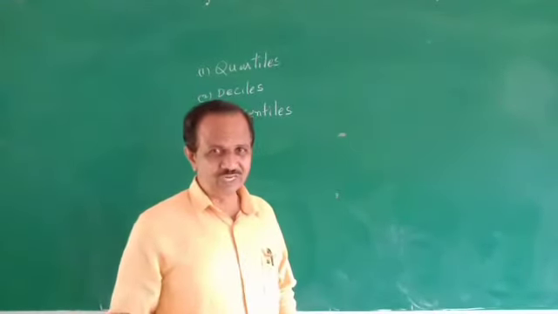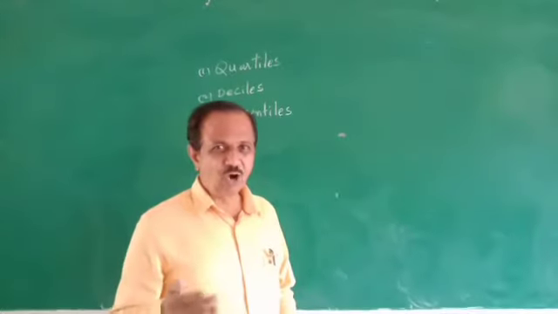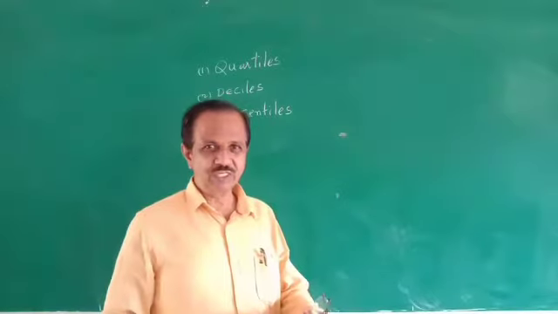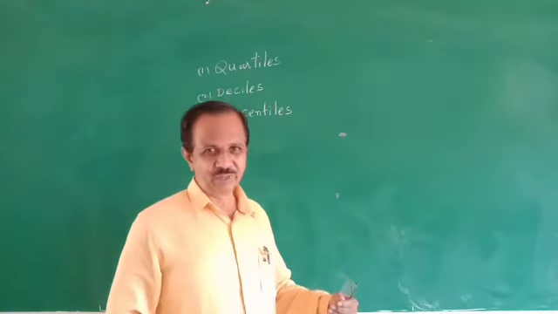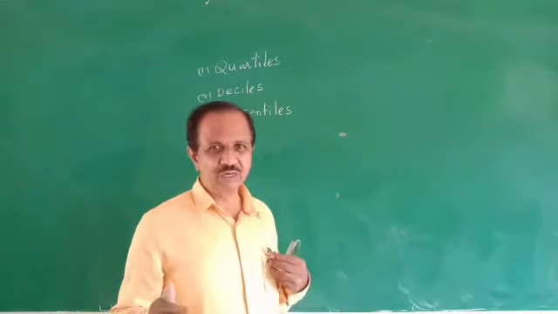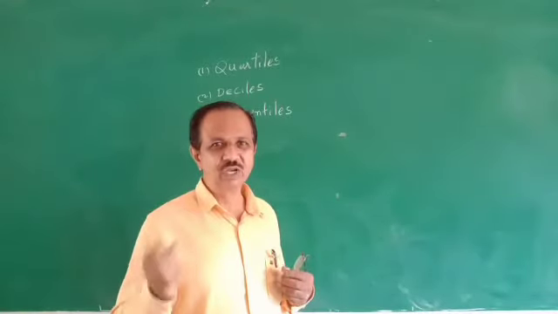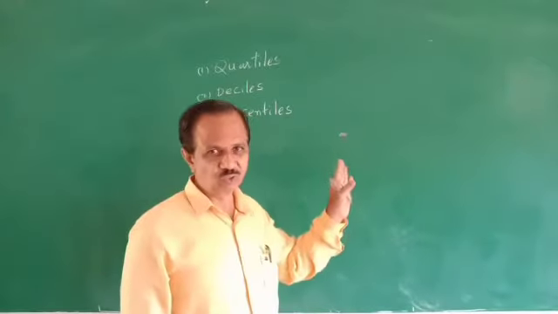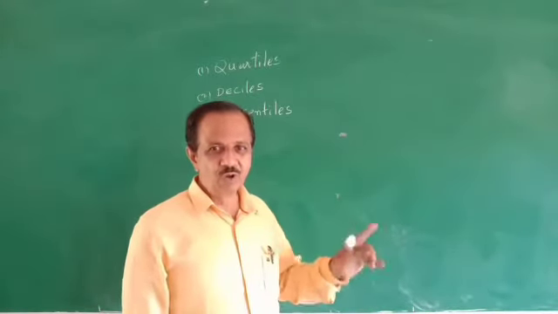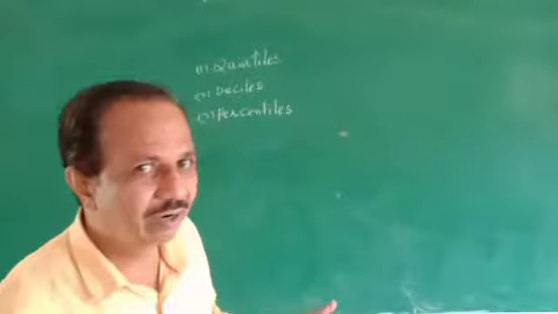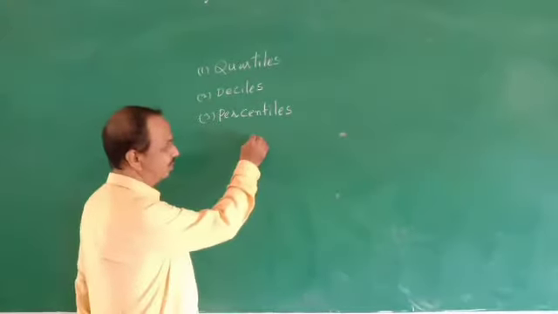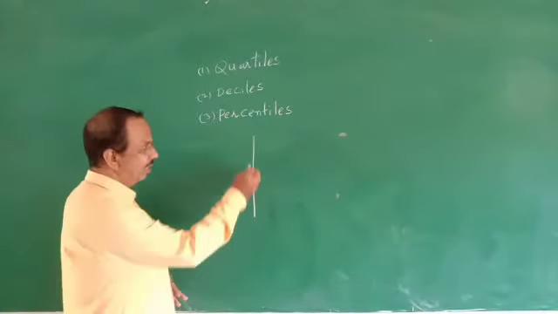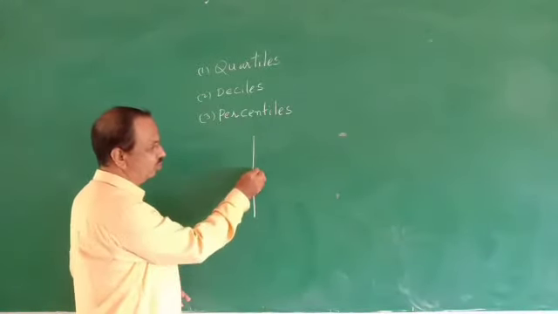Sometimes, suppose marks, we need how many students got more than 75%, and how many students got below 40%, or how many students got between 50 and 60. Those values can be obtained with the help of the OQs. Let us suppose this is the data, 1, 2, 3, 4.